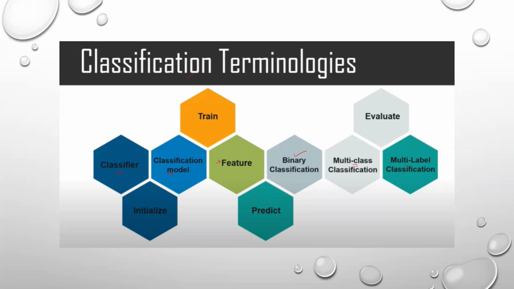In the coming slides, I'll explain what binary, multi-class and multi-label classification mean. Along with that, first we have to initialize the classifier, then we have to train the model, then we are going to predict the results, and then we are going to evaluate the model. So these are the terminologies related to classification.